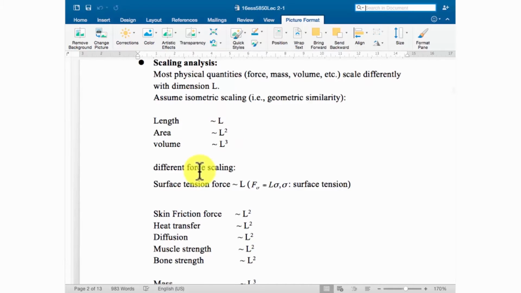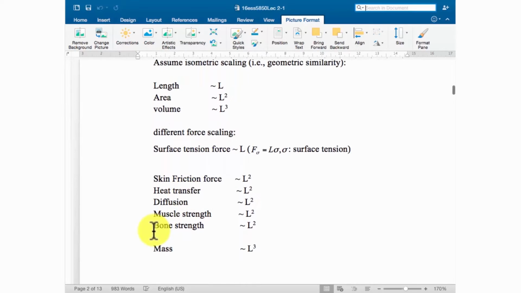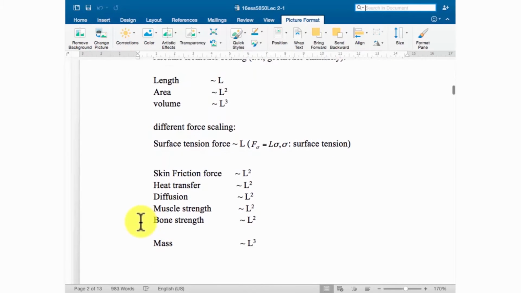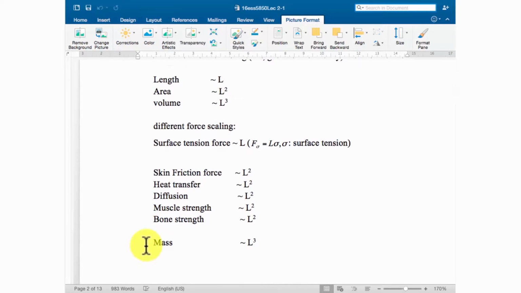So when we look into the scales of different quantities, for example, mass: mass is the volume times the density, so mass is proportional to the volume. The body force means it is proportional to the volume, the length scale to the power 3.